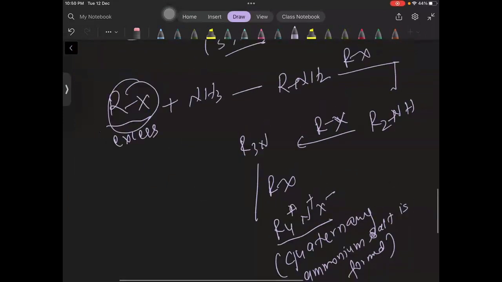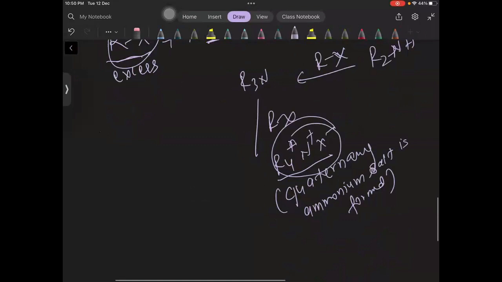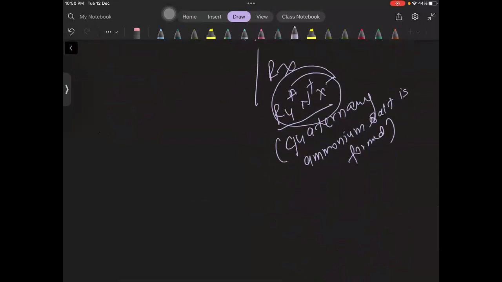What do you observe here? RX reacts until all the hydrogen is exhausted. Once all the hydrogen is exhausted, the quaternary ammonium salt forms. This process is Hofmann exhaustive methylation and elimination. This is completely an SN2 process.